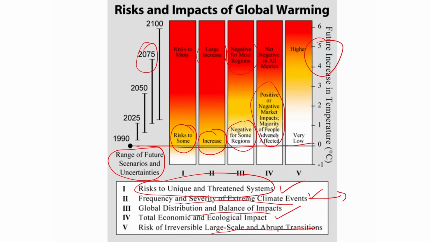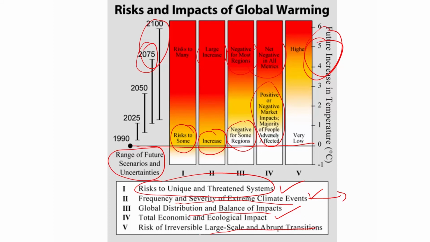There is a market impact on economy, there is an ecological impact, and then there is a net impact on humanity. So net negative impacts in all the metrics that are defined are expected to become negative as we go into the next few decades and the warming gets worse. So some regions will be much more vulnerable than others for sure.